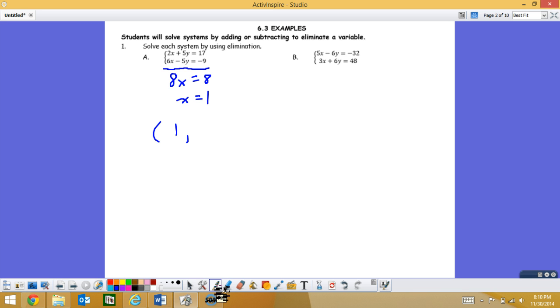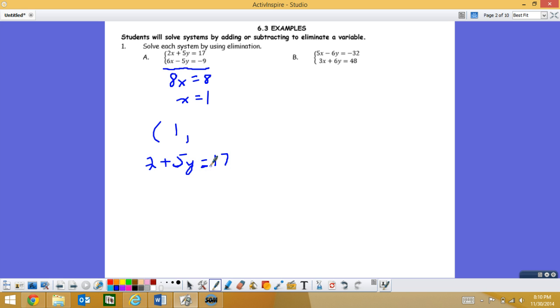Now, to find the y coordinate, you take that 1 and plug it back in for x into one of these two equations. And honestly, it does not matter which one you use. I'm going to choose to plug it into the top one. So 2 times 1 is 2 plus 5y is equal to 17.